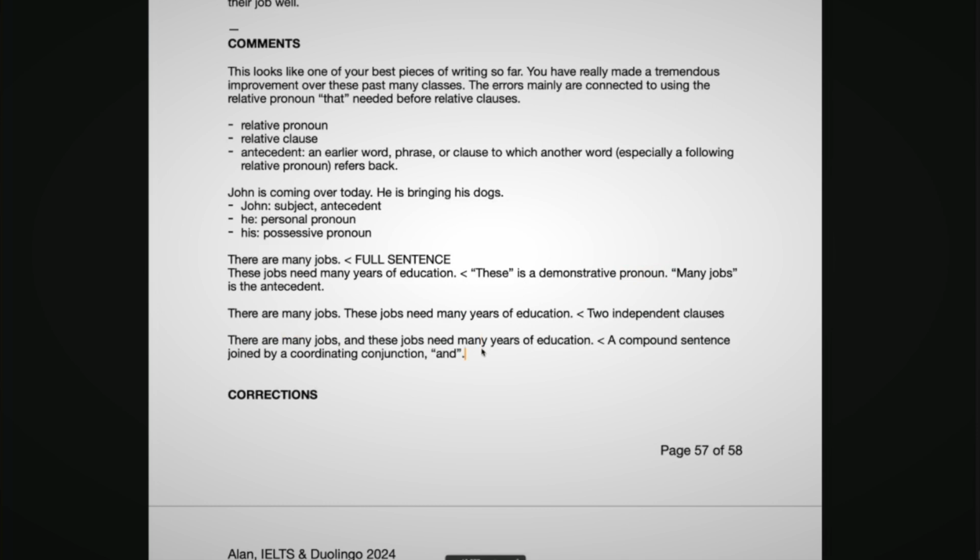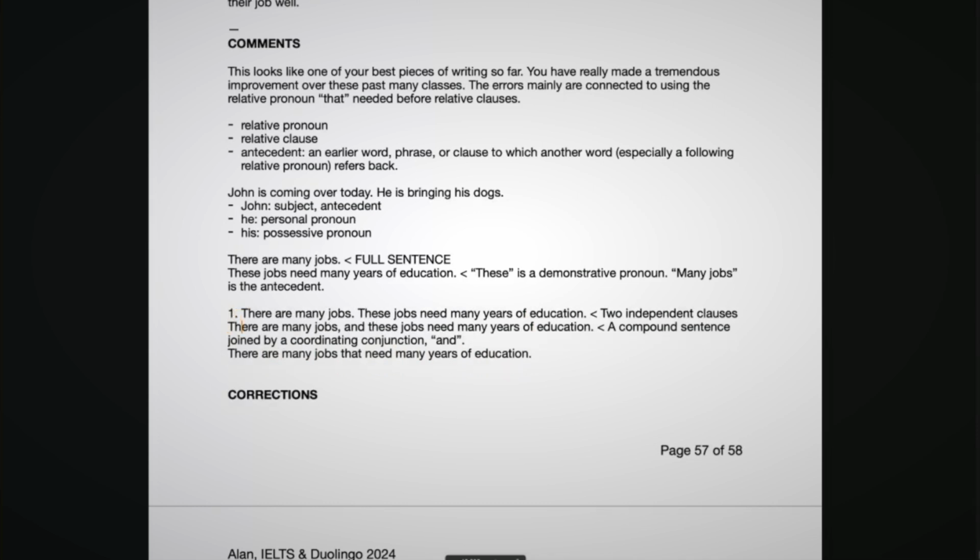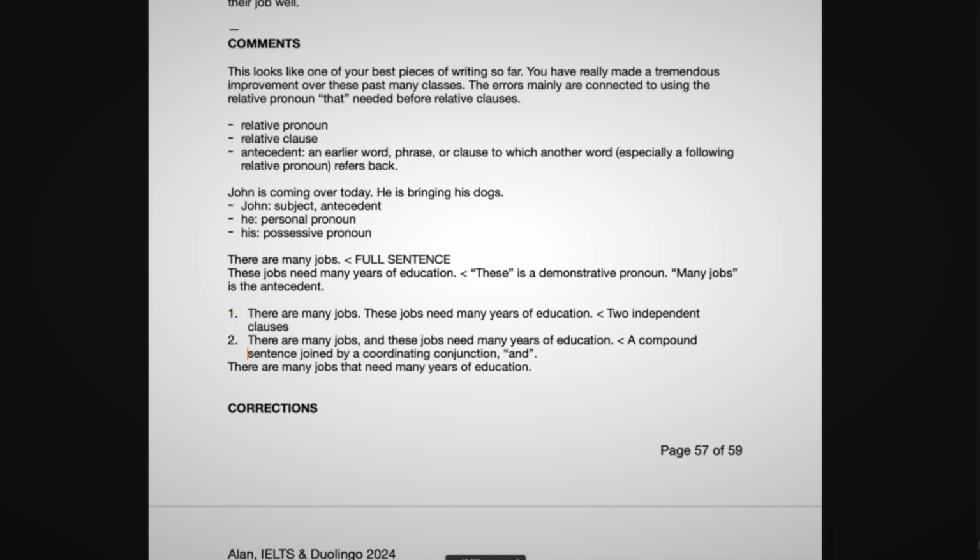Now, if you want to have it as one sentence: there are many jobs that need many years of education. So let's put one, two, three here. We're using that as a relative pronoun.